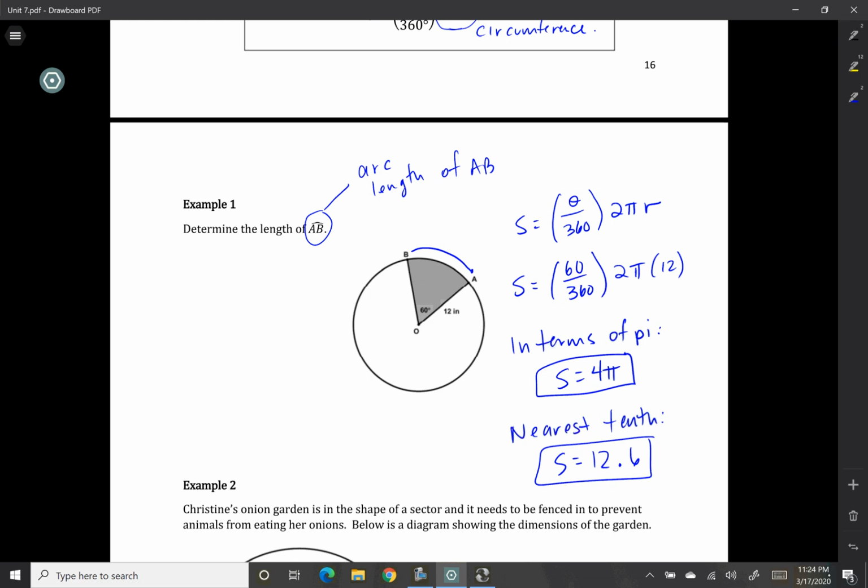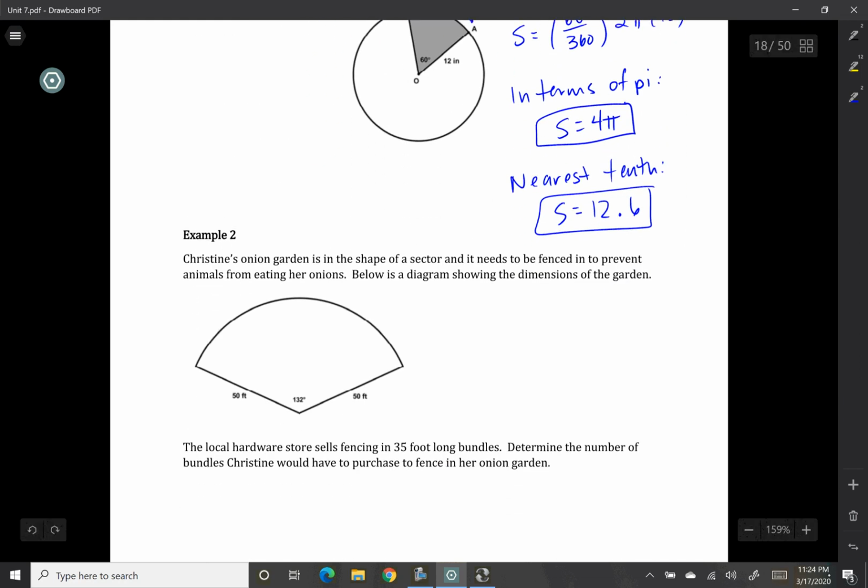Let's try another one. Example 2 talks about Christine's onion garden. It's in the shape of a sector and it needs to be fenced in. As soon as we see fenced in, you're probably thinking perimeter. Notice Christine's garden has a length of 50 feet in one direction and 50 feet in the other. Those are the radii of the full circle. Pretend there's a full circle here.